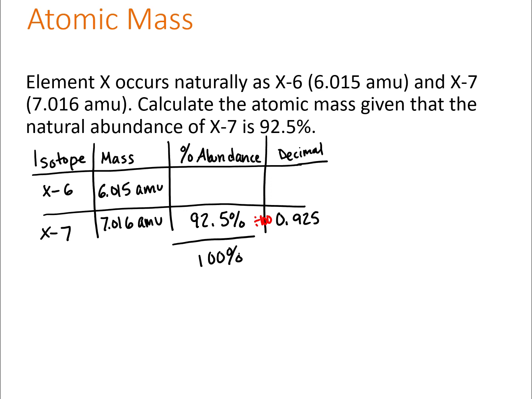So if you're missing one of the abundances, then you can take all the rest of them and subtract them from 100. And that will give you the missing abundance. So you should get 7.5%.